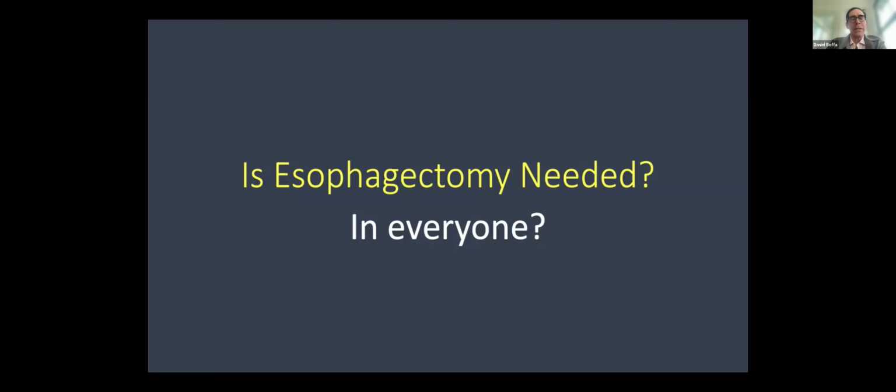But I do think it's an important question. And do we need to do an esophagectomy in everyone? And I think that some of the most exciting trial data that's been coming through is looking at things that maybe we can be more selective in how we apply some of the traditional treatments as well as some of the newer treatments.